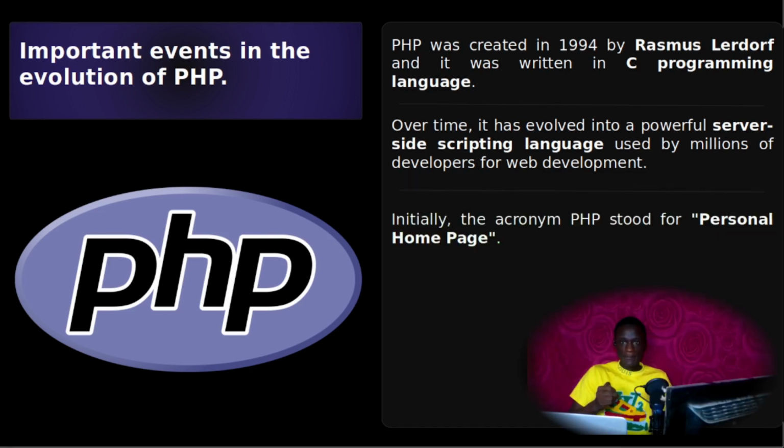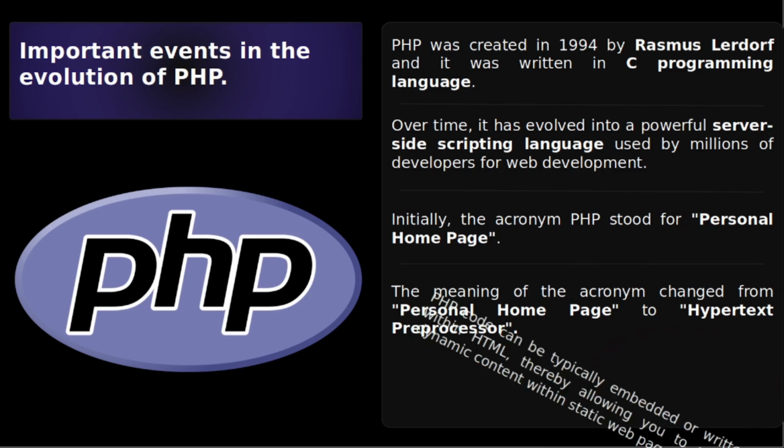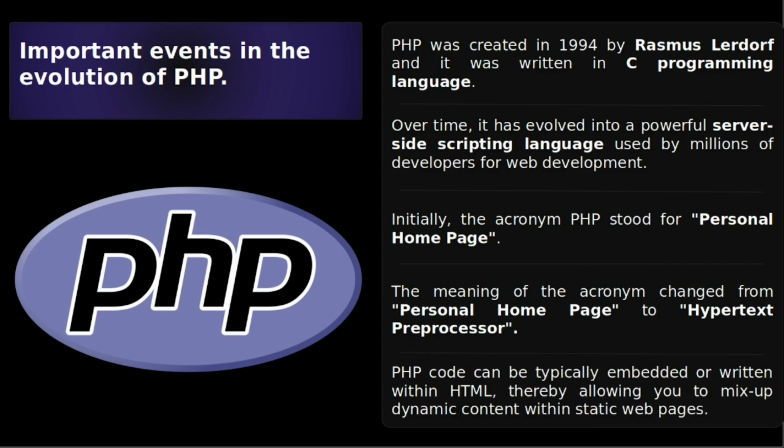Initially, the acronym PHP stood for Personal Home Page. So as PHP continues to evolve and became more widely used, the meaning of the acronym changed from Personal Home Page to Hypertext Preprocessor. This change attempts to reflect the fact that PHP is a server-side scripting language that preprocesses code before generating HTML content for web pages.